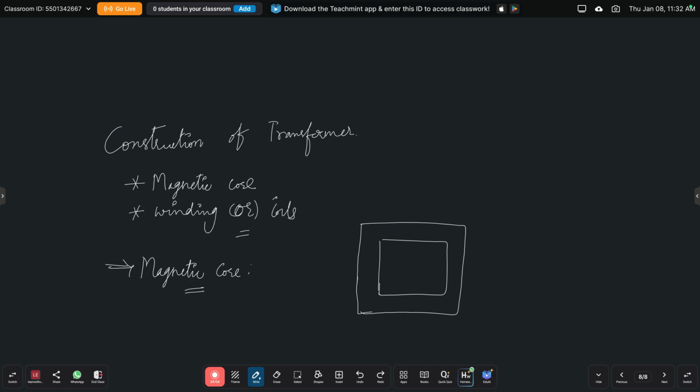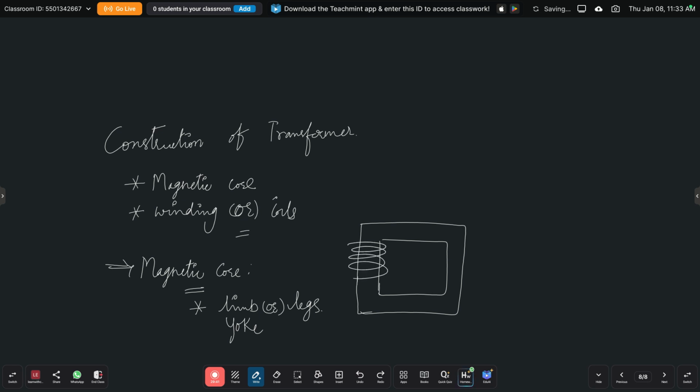It is further divided into two types, that is limb and yoke. Limb or legs: the vertical portion on which coils are wound is called the limb.